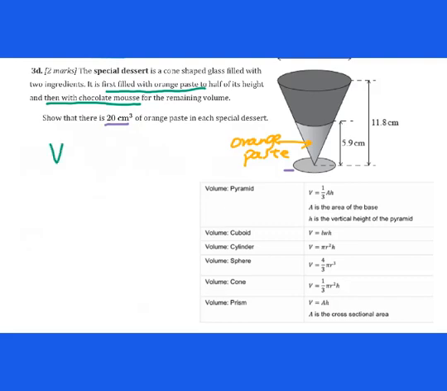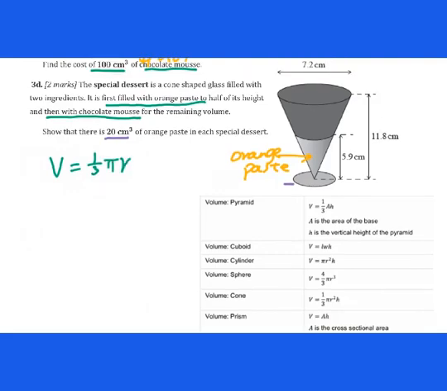We have to use the volume 1/3 pi r square height. We need to figure out the radius of this small cone. So we draw this. The radius of this whole cone is 7.2 divided by 2, 3.6.